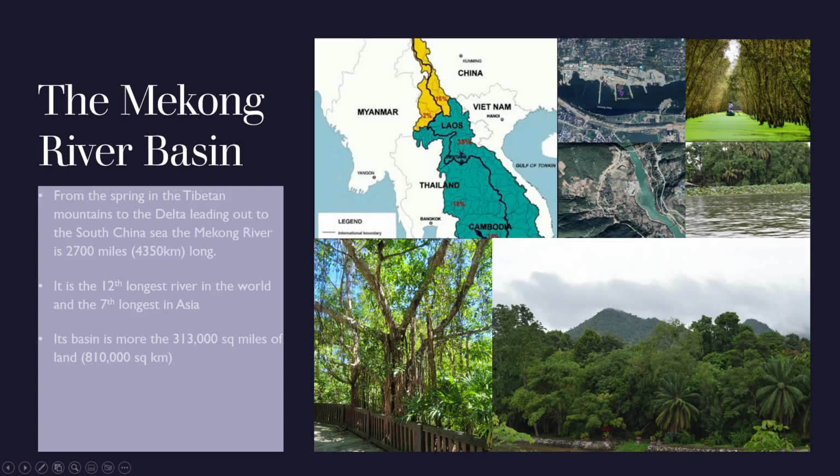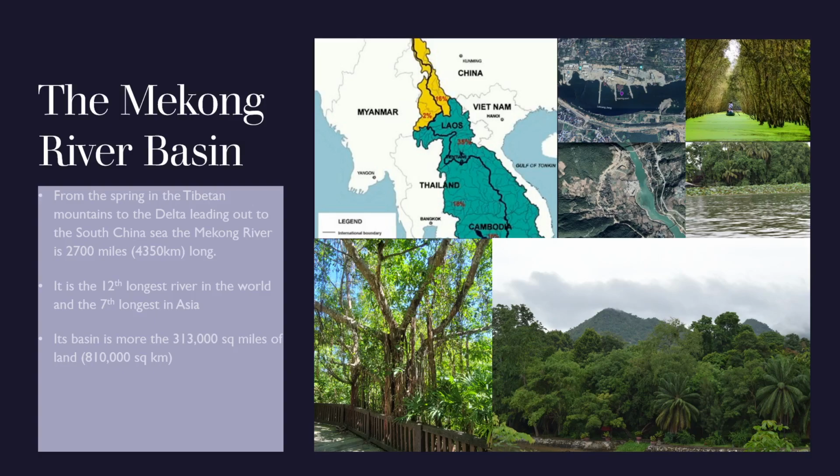So the basin is quite large. Although it's not quite the biggest in the world as far as rivers, the basin covers a major area, bringing forth a lot of species of life, of plants, of fish, of the animal life that are dependent on the river.